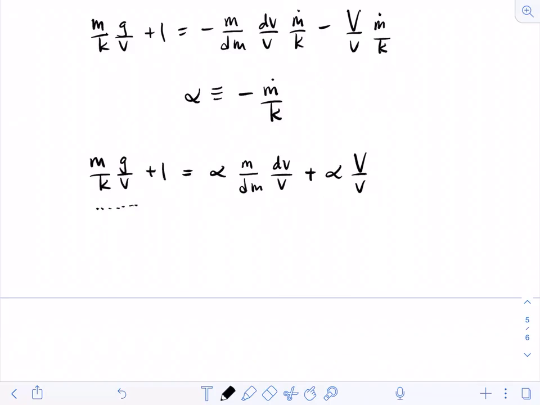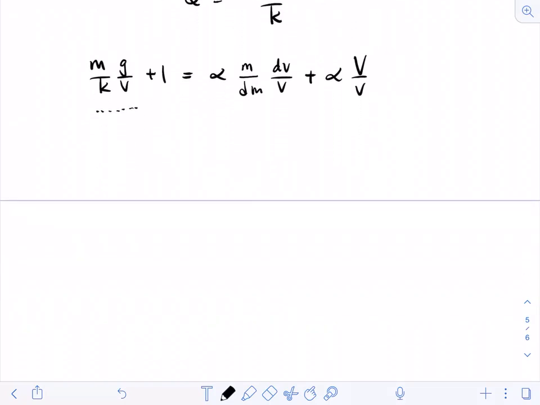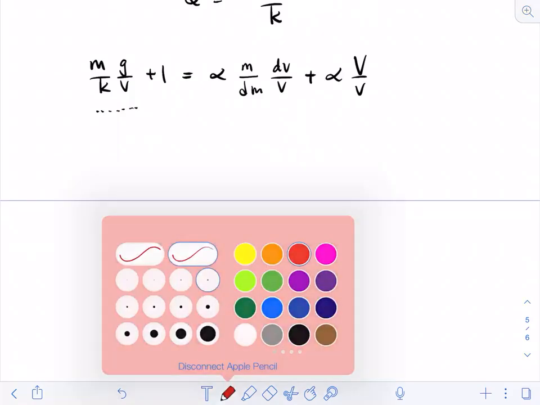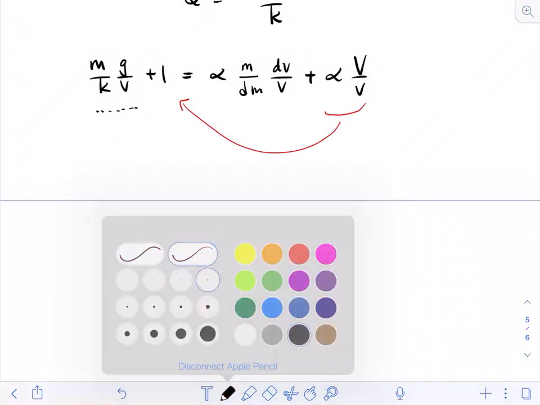Anyways, what we did next is we tried to isolate for dv over v. So we'll take the alpha v over v and subtract it off, bringing it over to the other side.